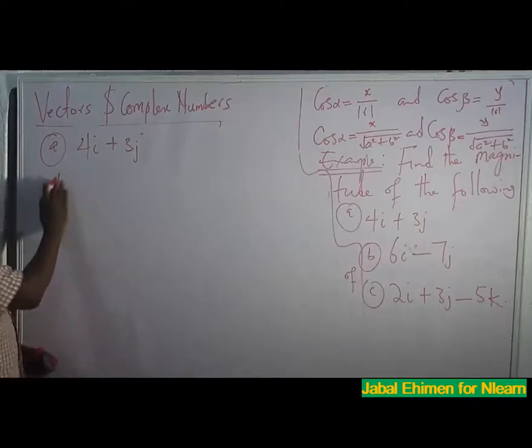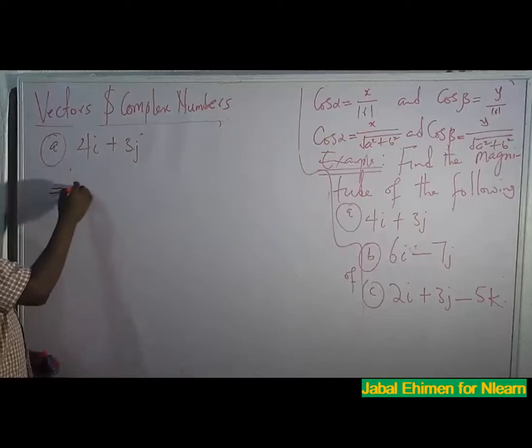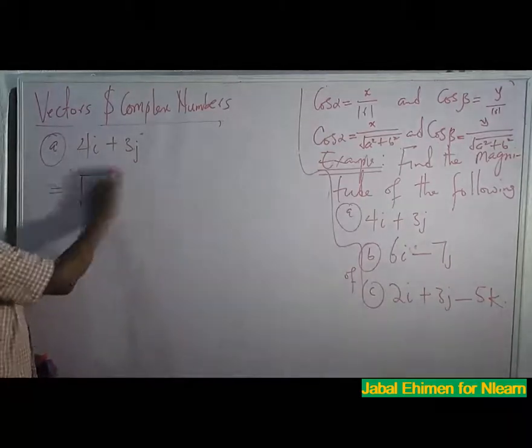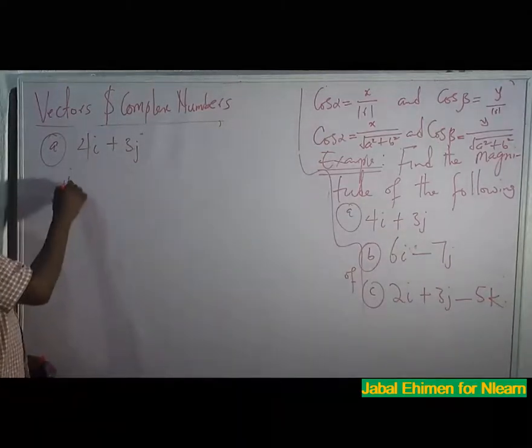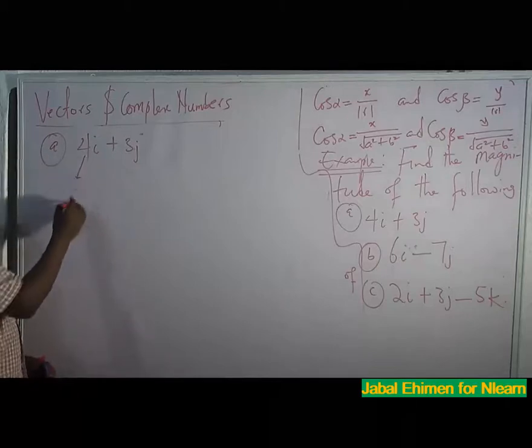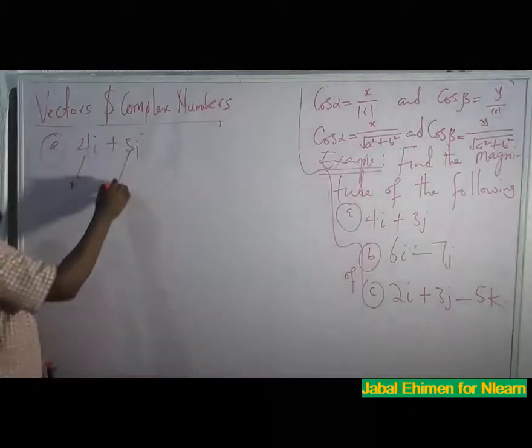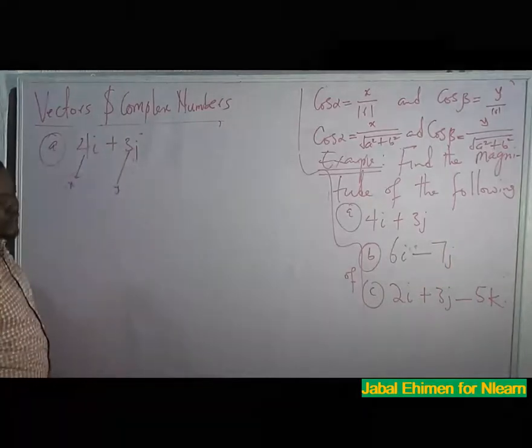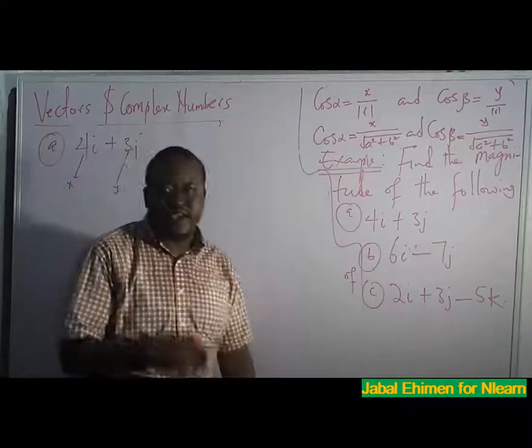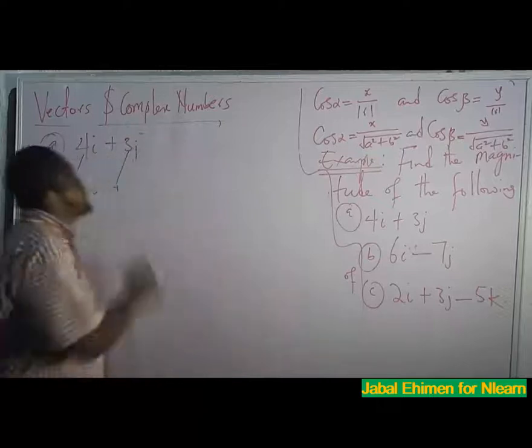Find the magnitude. The magnitude will give us the square root of, but before you do that, this value here is x, and this value here is y. If you continue, it can become z, w, and so on, but for this it is x and y.